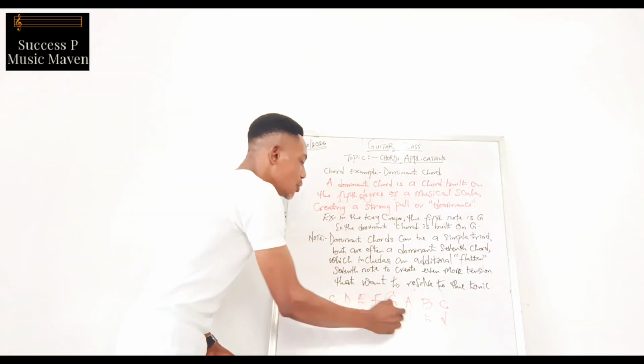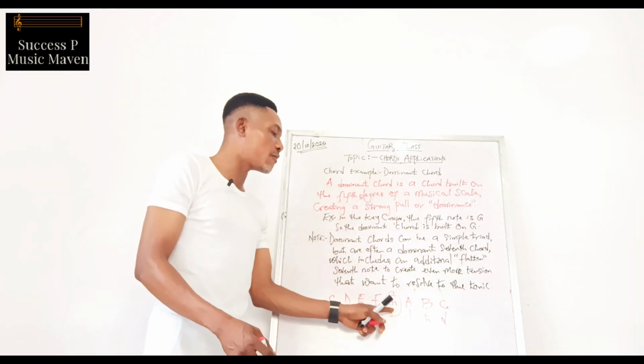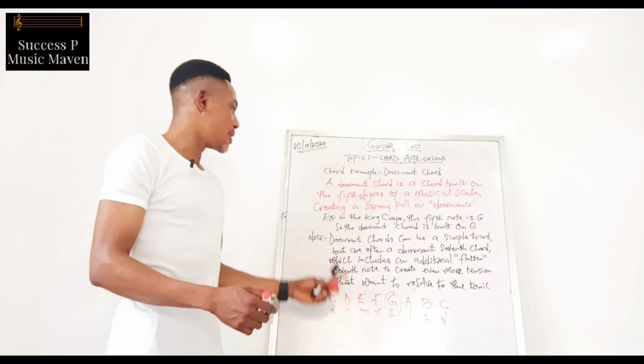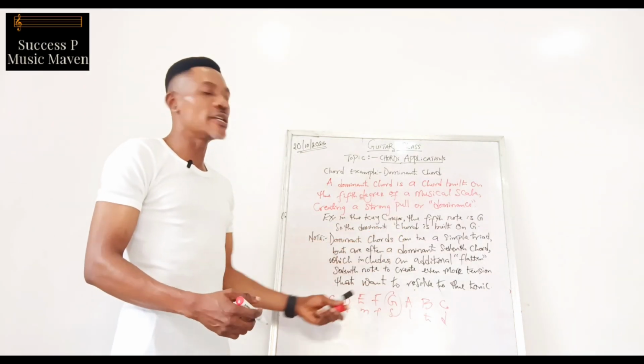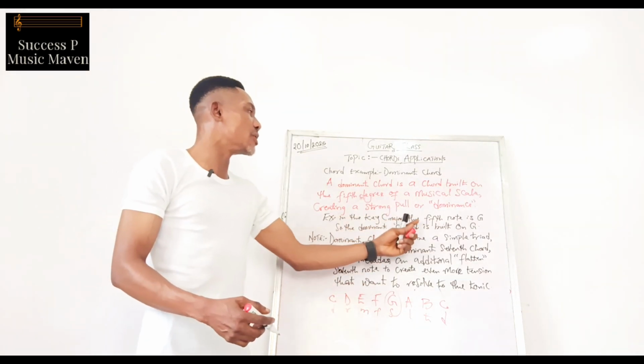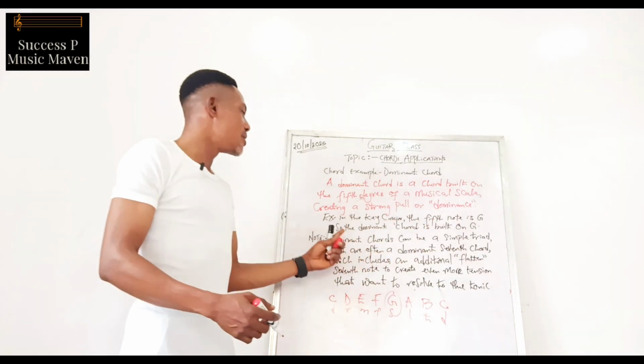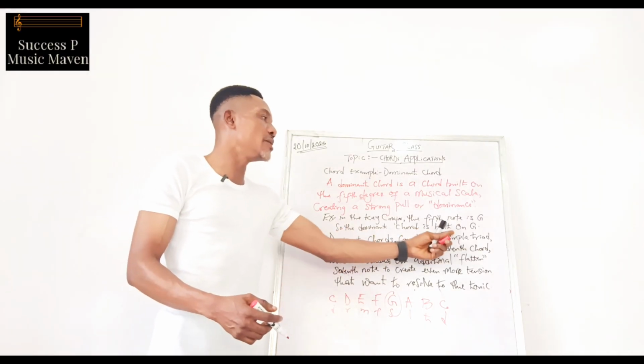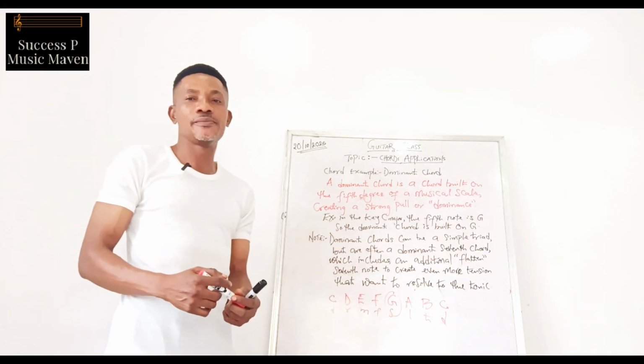So the fifth degree, if you count 1, 2, 3, 4, 5, is what this is talking about. In the key of C major, the fifth note is G. So the dominant chord is built on G.